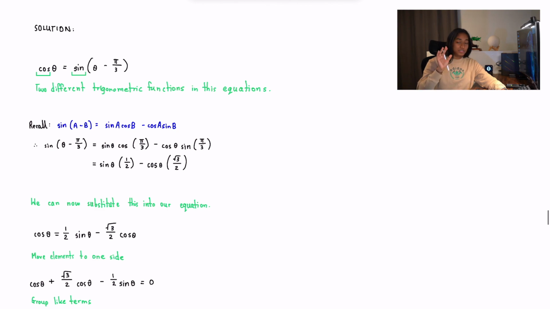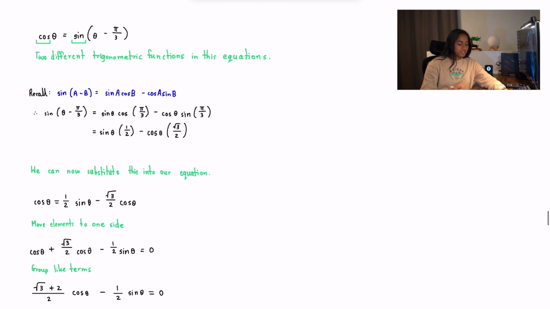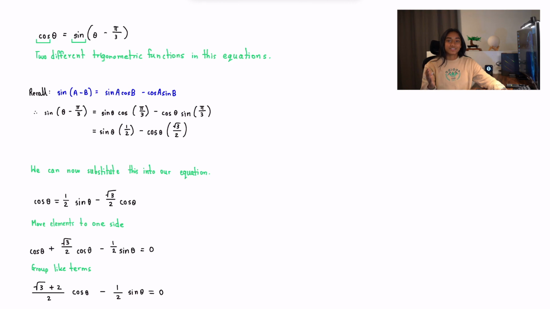So the first thing we'd notice here is that there are 2 different trigonometric functions in this equation, and we don't want that. We want to bring it to one trig function to be able to solve the equation. So we have to recall our compound angle formula for sine, because we notice that sine is in this form, so then we can apply this formula, right?